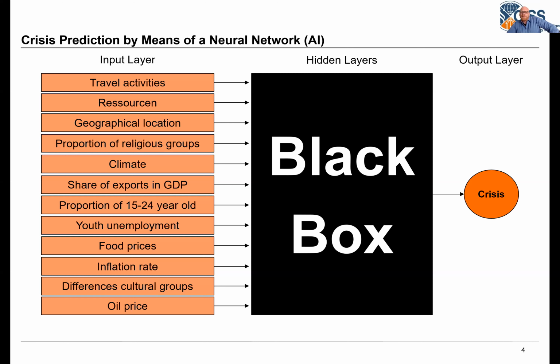But in some countries, it comes to a crisis like a civil war, and in another country not. And the question is now, why is it? Why do these differences arise, even when you have the same conditions or the same situations, why in some countries are they followed by a crisis or not. And one way is to look, as I mentioned, in the black box.